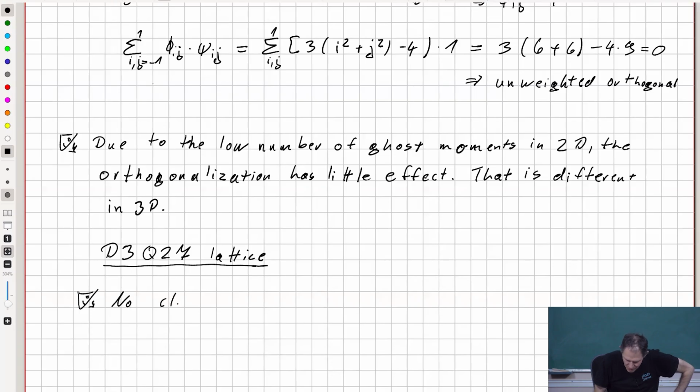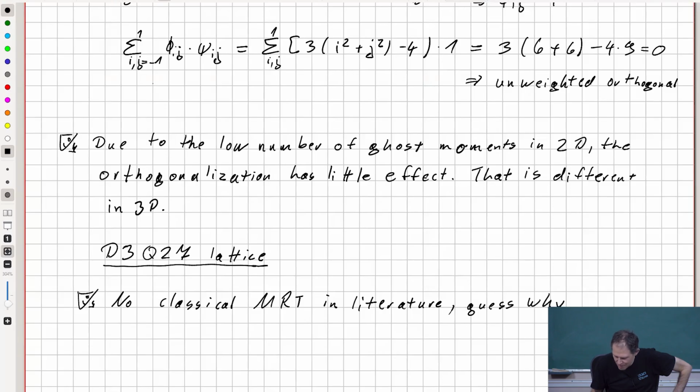There is no classical MRT in the literature for this lattice. Guess why? You know, I think it's the following.